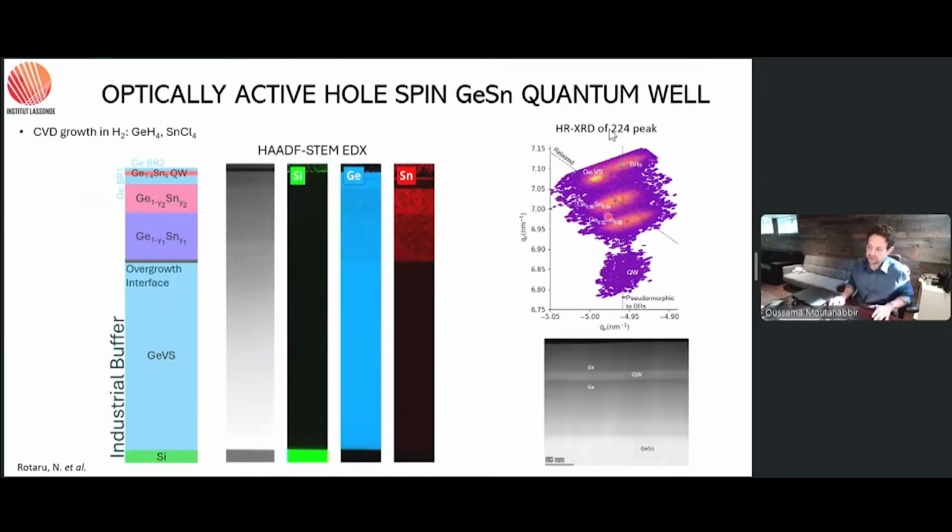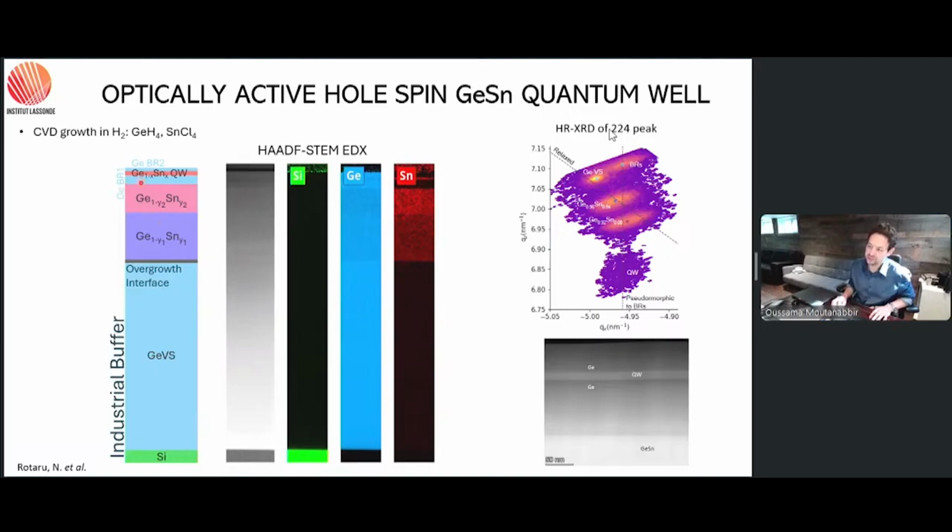So we start, now we shifted to industrial buffers. We grow germanium tin, the first layer at one composition Y1. This is typically 4%. After that, we lower the temperature and we grow a different composition, which is close to 8%.